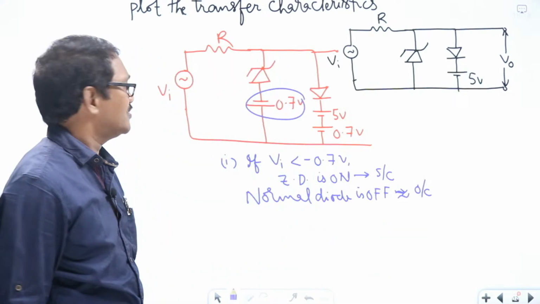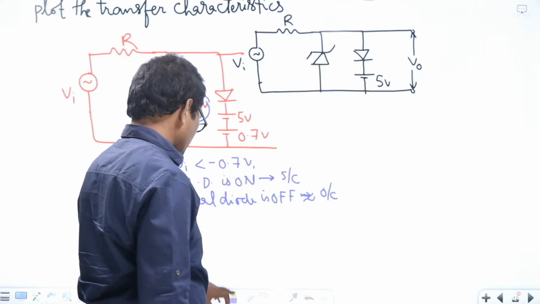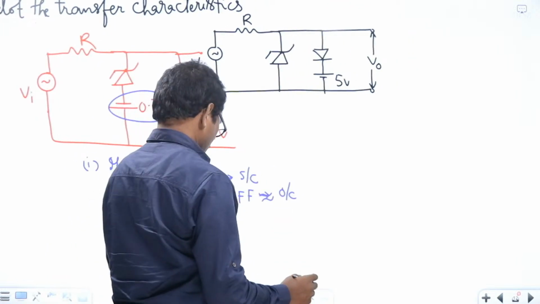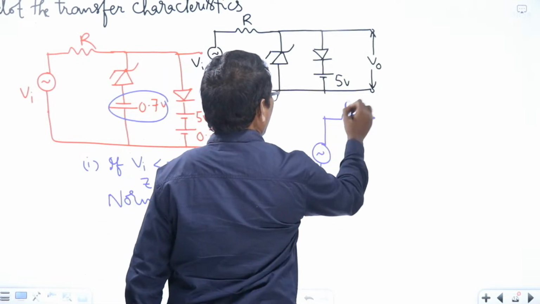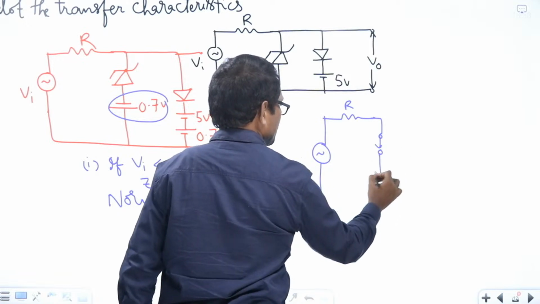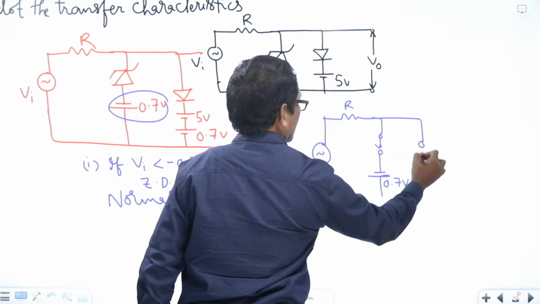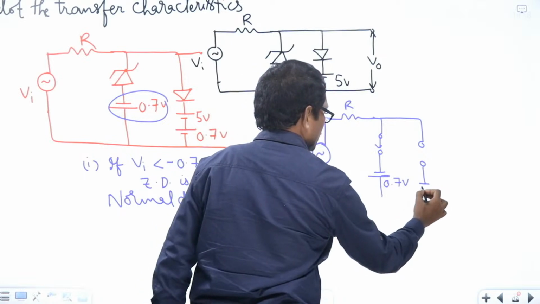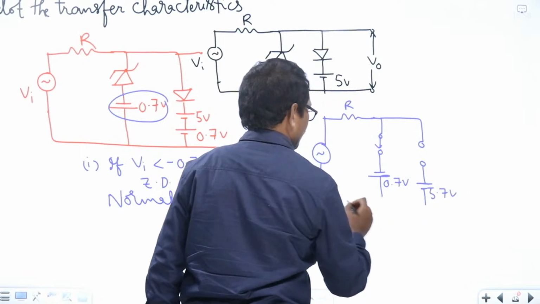Now the equivalent circuit corresponding to this condition is: this is Vi, R, and now the Zener diode acts as a short circuit, minus 0.7 volts. Now the normal diode is replaced with an open circuit, 5.7 volts.